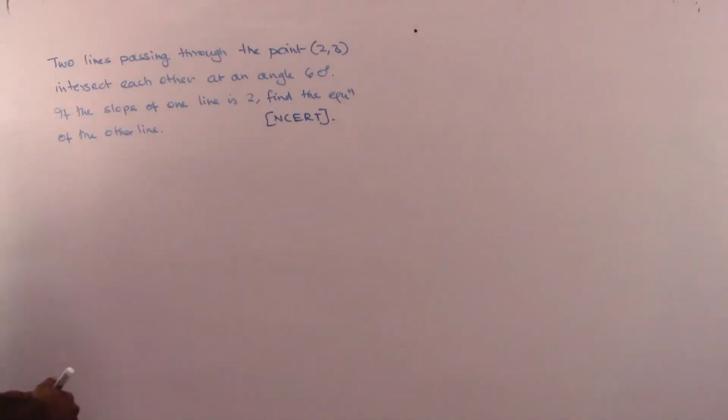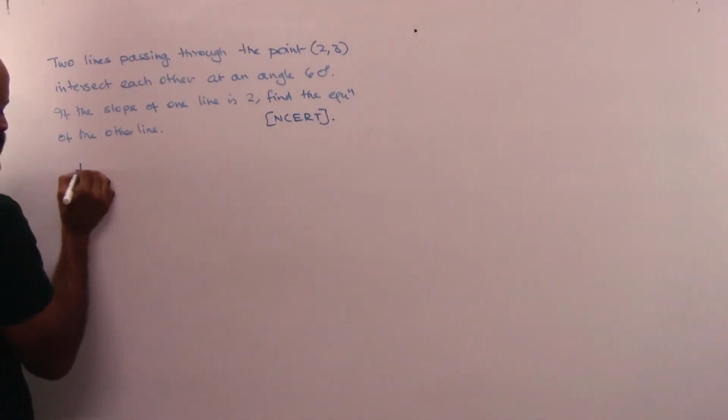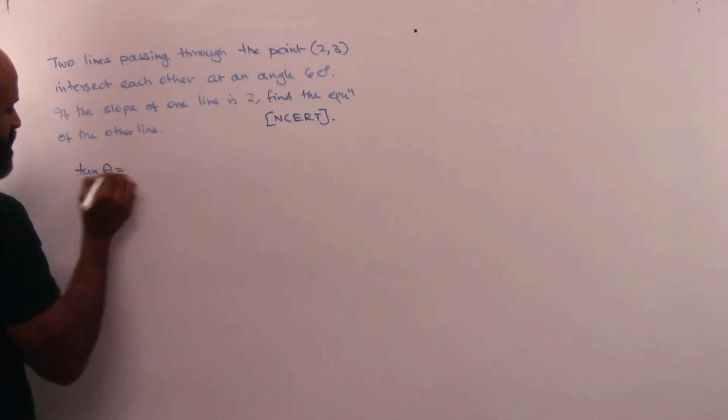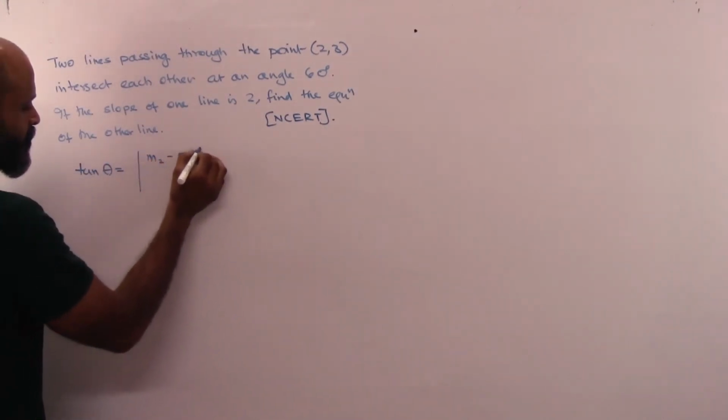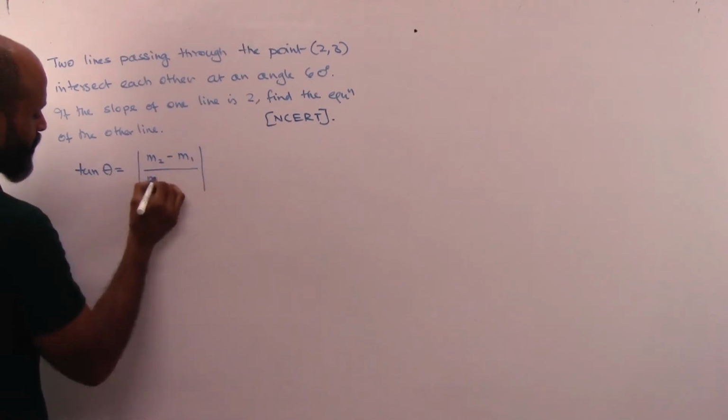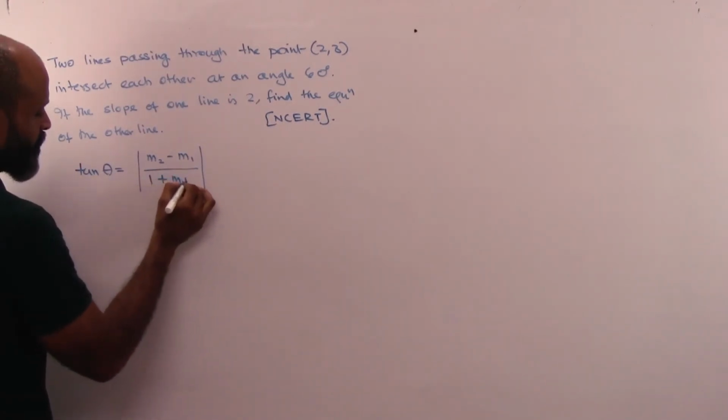Okay, so we know that the tan of the angle between two lines which are intersecting is mod of (m2 minus m1) upon (1 plus m1 m2).